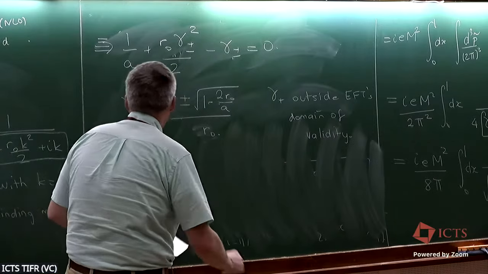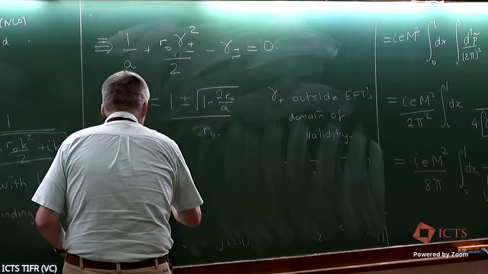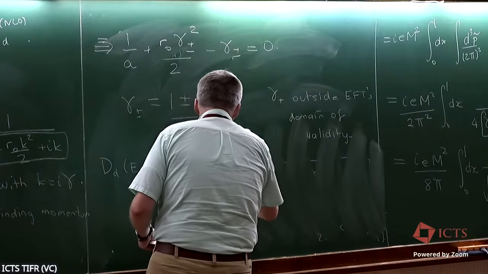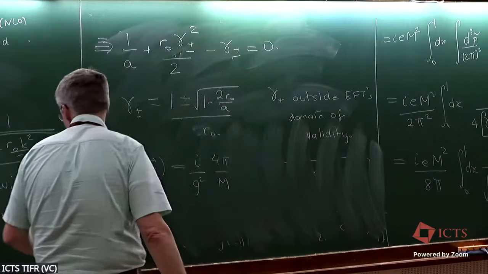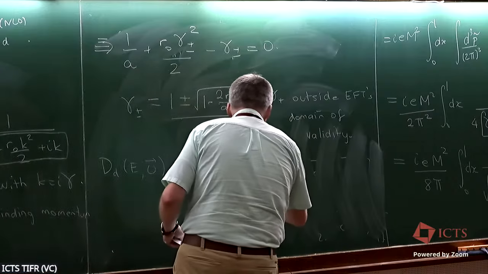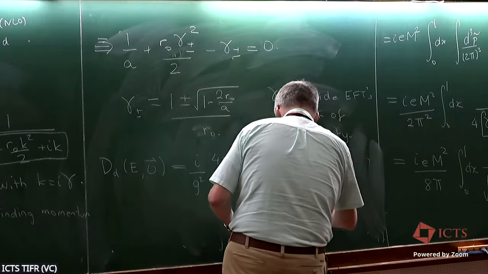So in order to make progress, I'm going to factor the quadratic. I'm going to say that this is i over g squared, 4 pi over m, and I'm going to pull out the factor of r0 over 2. Then I have 1 over, and I have two poles.